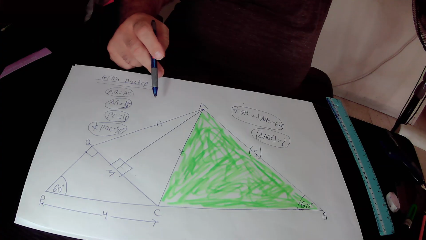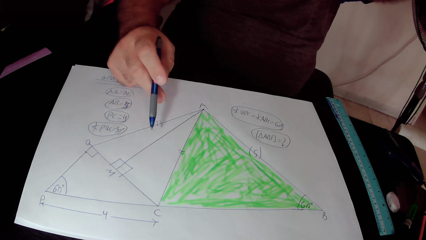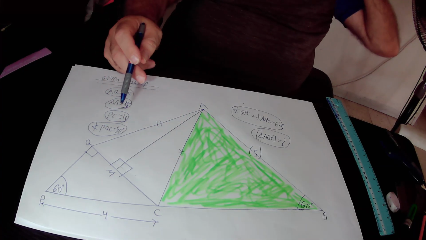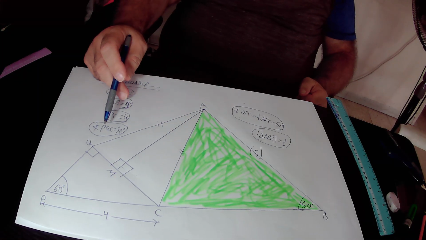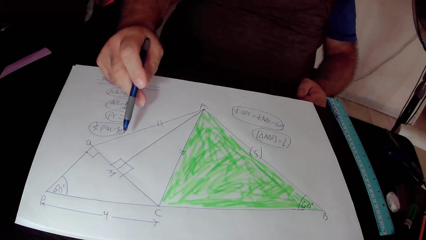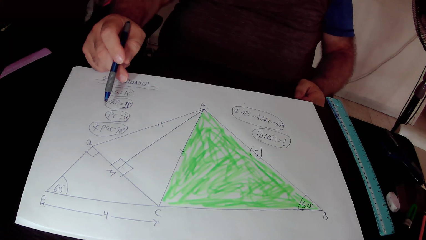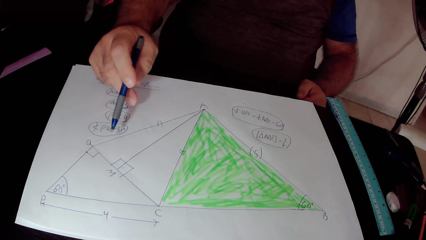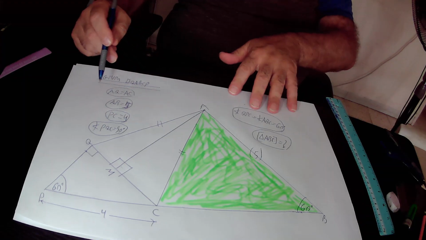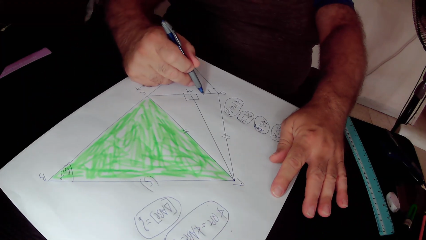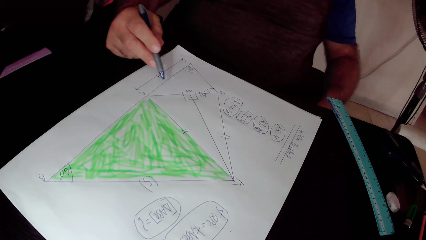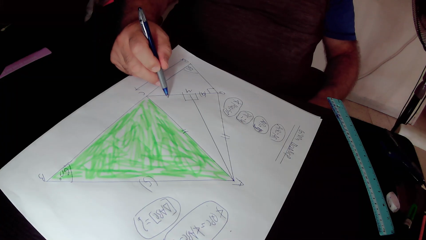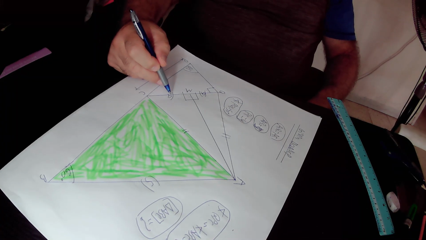That is to say, it divides the base QC into two halves. The first half is QM and the second half is MC, and of course QM is equal to MC. So if we define the length of the first half QM as A, then the length of the second half MC must also be equal to A units, because they are equal to each other according to rule 22.